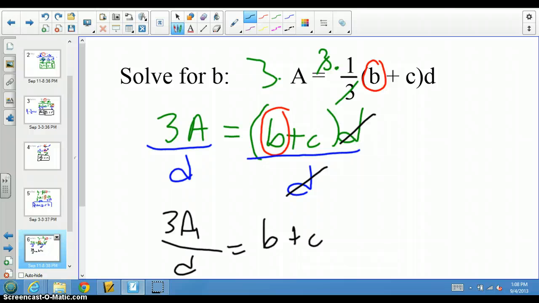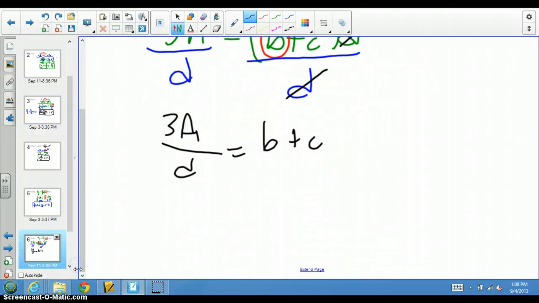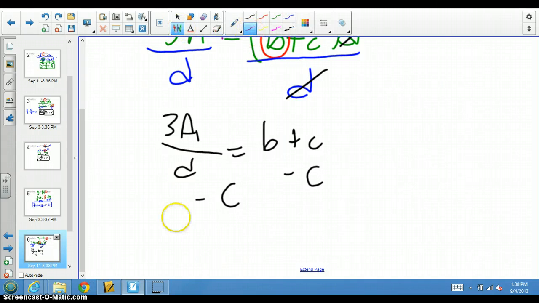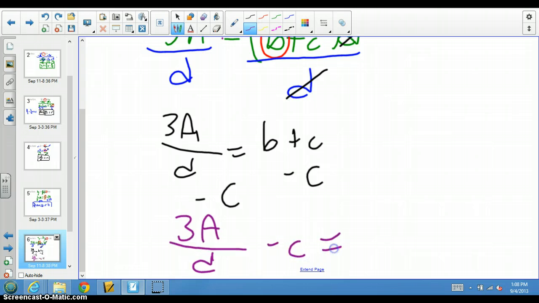Now we just need to get b all by itself, so we have to subtract c. So I have 3a over d. I'm sorry, I'm going to rewrite this. 3a all over d minus c equals b.